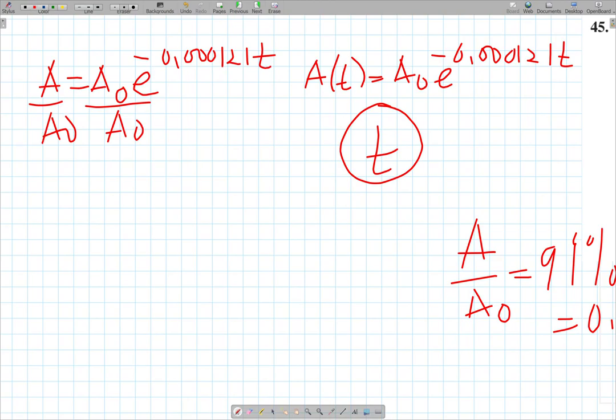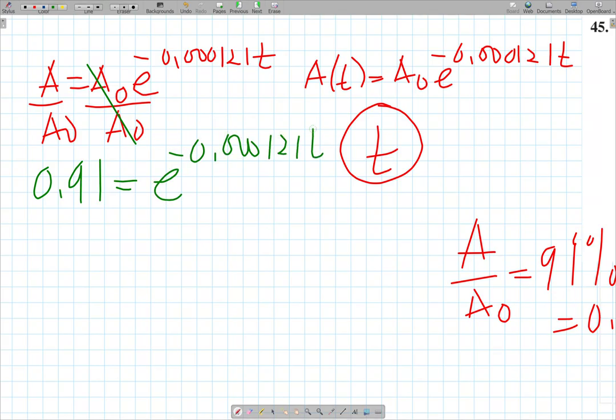And then, cancel out. Okay, so, since ang A over AO natin is 91%, ang ibig sabihin ng 91% is 0.91 equals E negative 0.0000121 T. Okay, so we are solving class for T.